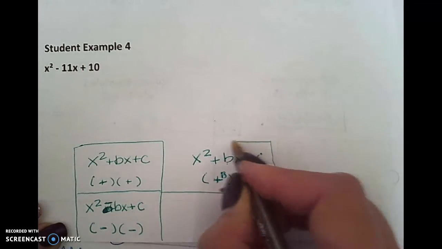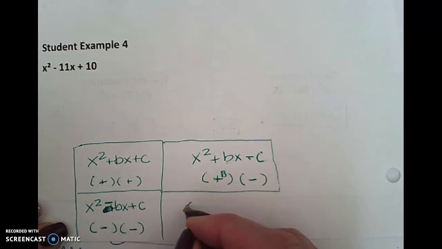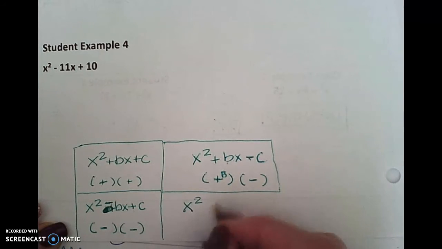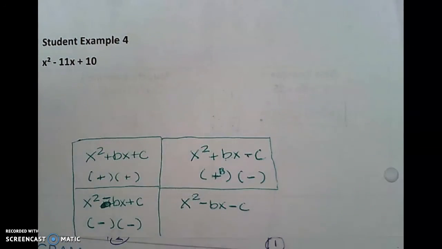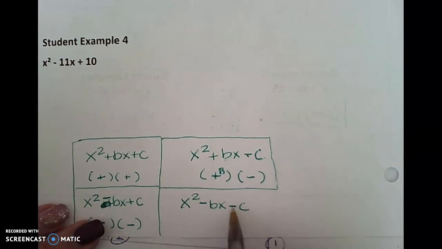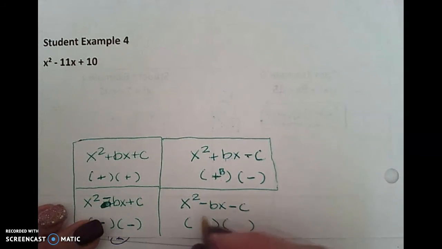And again, as we practice this, it will be more useful to you. X squared minus bx minus c. That doesn't mean you bring down two negatives here, because you have a negative third term. The only way you're going to get a negative answer when you multiply is if you have a positive and a negative. So I'll put a minus here and a plus here.